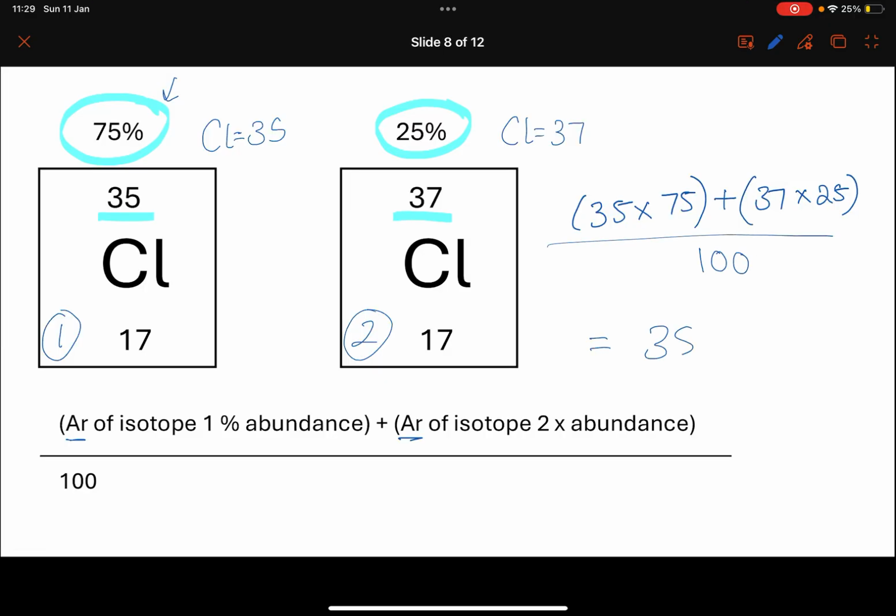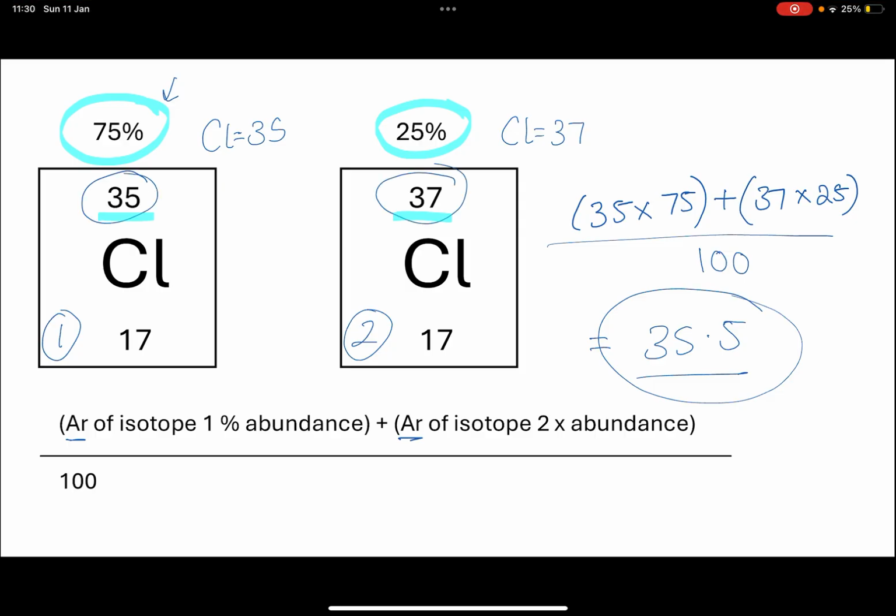And guess what? No surprise, that's where the 35.5 comes from. Now, when you do get a question like this, just remember to do those checks. Your answer has to be between the top numbers that you're given, and it'll also be closer to the highest percentage, because we're really just working out the average number, aren't we, guys?